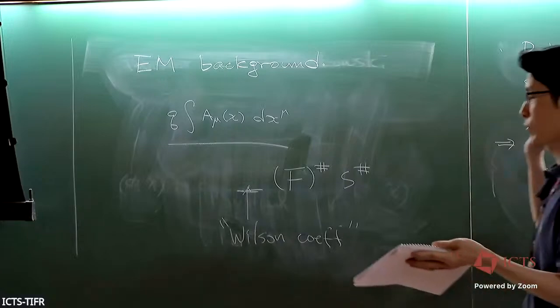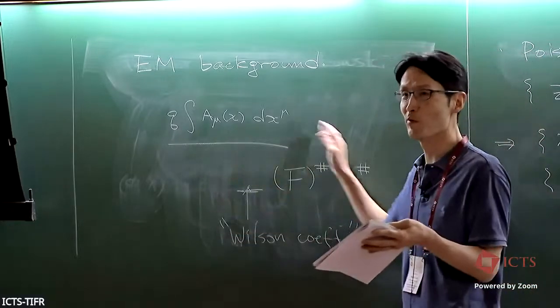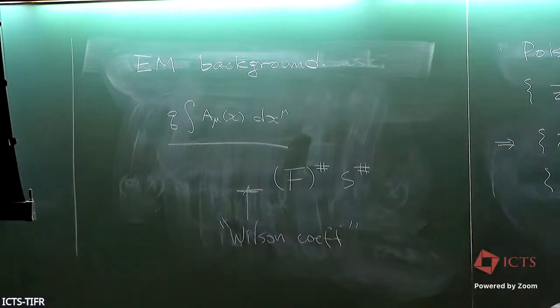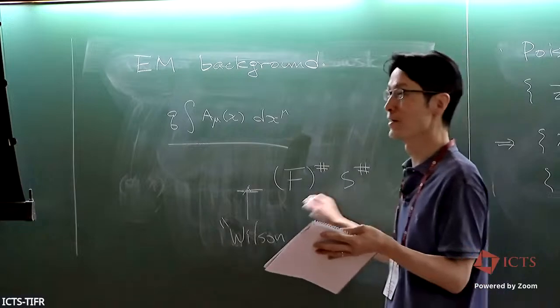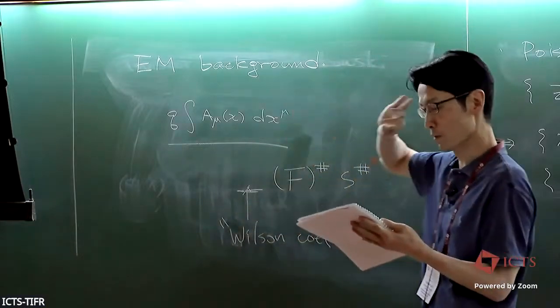And if you have some sense of simplicity among the possible sets of Wilson coefficients, you may ask what would be the simplest model that's compatible with all the symmetries.